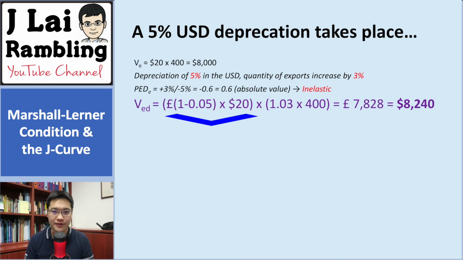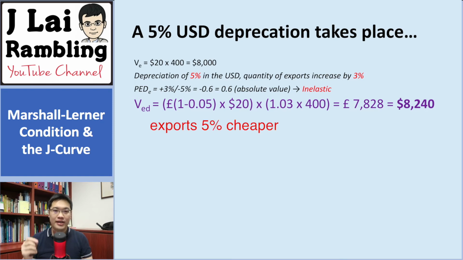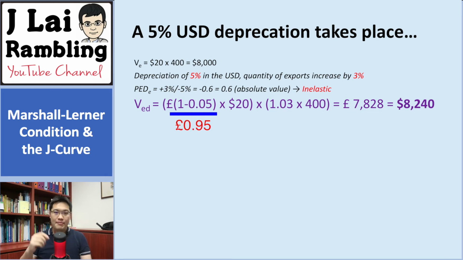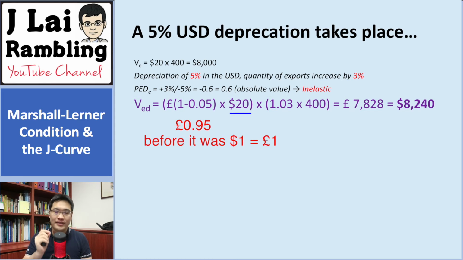So let's look at the price first. Remember, from the perspective of the British buyer, the exports are now 5% cheaper because of the depreciation. That's why I have 1 minus 0.05, which gives us 0.95, multiplied by the old price, which is 20. For every dollar that they used to buy, it is now only 0.95 pounds, 95p.